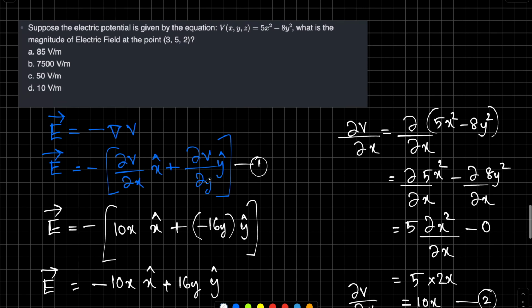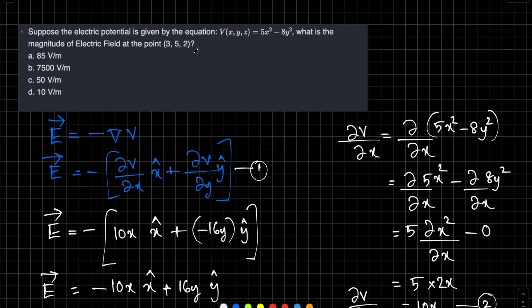Okay, now our question, we need to find the magnitude of electric field at the point 3, 5, 2. So this is x coordinate, this is y coordinate, this is z coordinate. So let's replace x with 3 and y with 5.